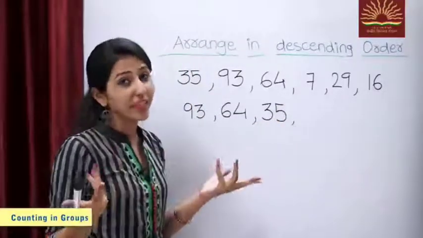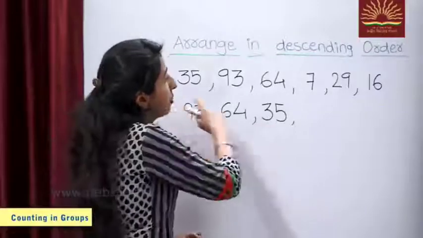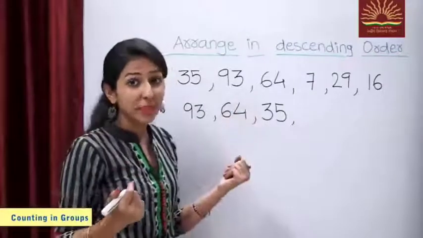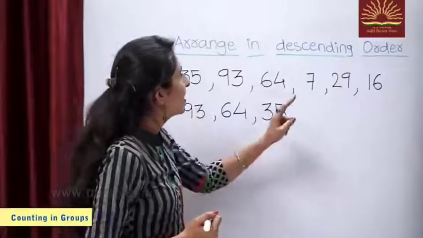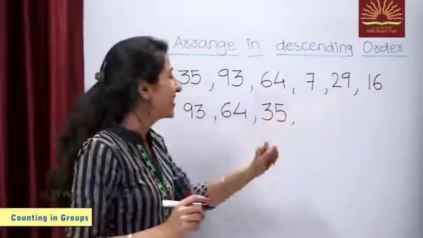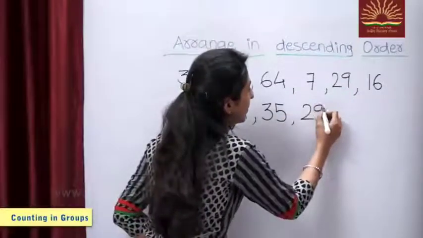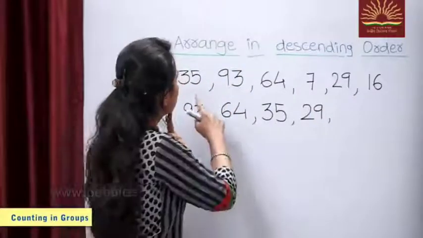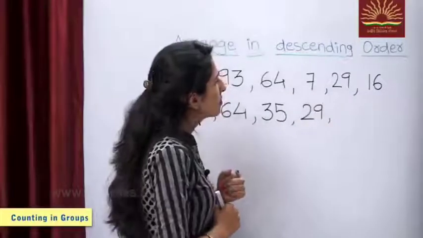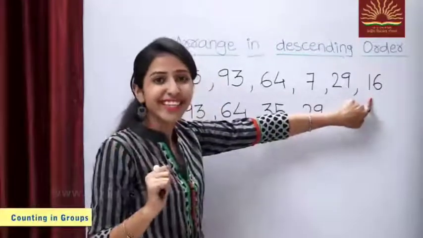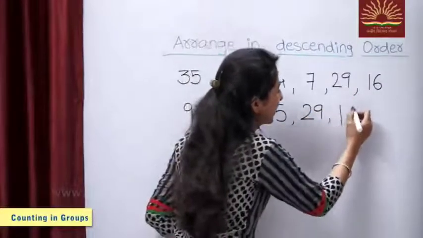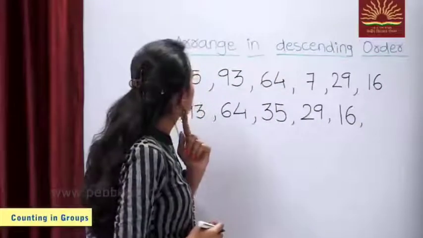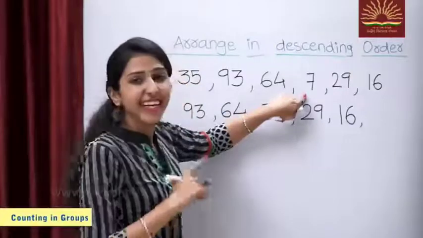Tell me, students, which number will come after number 35 from these numbers? Look at the board and tell me. Number 29. What is after 29? Number 16. After 16, number 7.